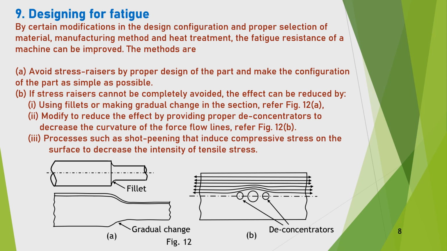Modify to reduce the effect by providing proper deconcentrators to decrease the curvature of the force flow lines as shown in figure 12b. Use processes such as shot peening that induce compressive stress on the surface to decrease the intensity of tensile stress.